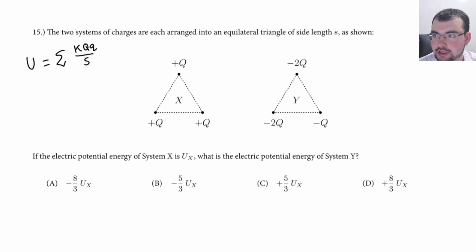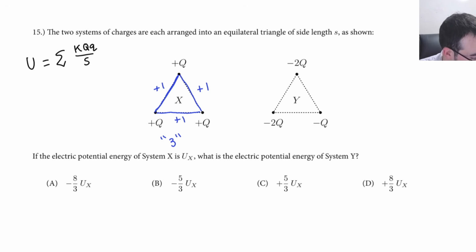Because if you have opposite charges, they are in energy debt to one another. So Q and Q, those aren't in debt. Those want to get away from each other. So that's +1. Q and Q, that's +1. Q and Q, that's +1. So the energy of system 1 is 3kQ squared over s, if we want to do that.